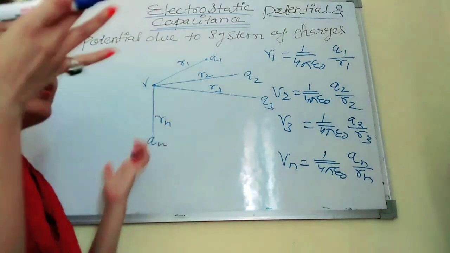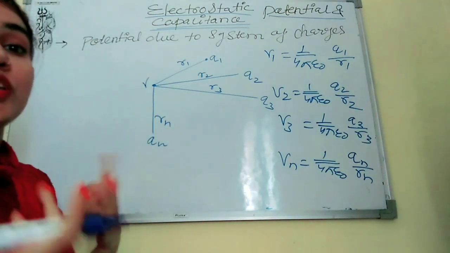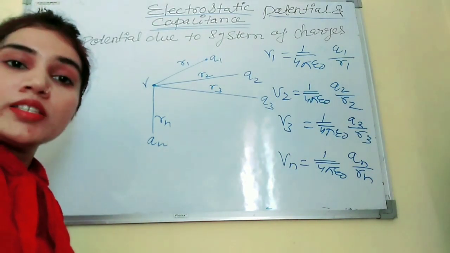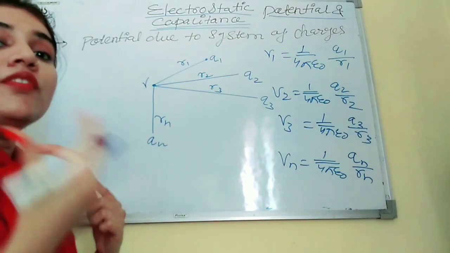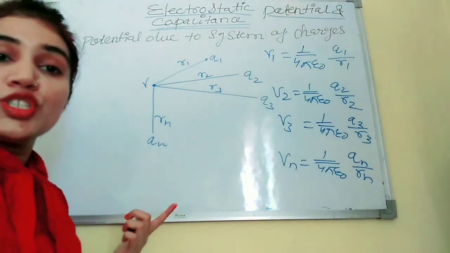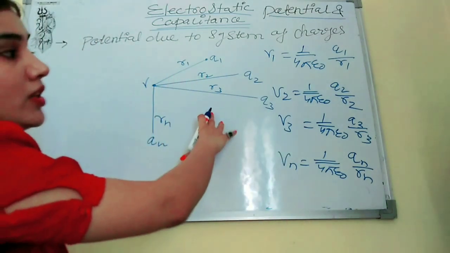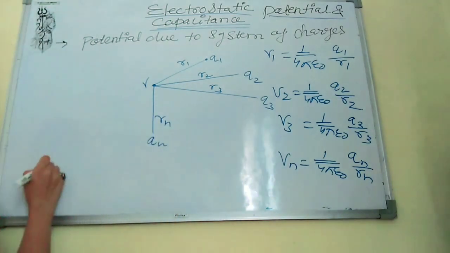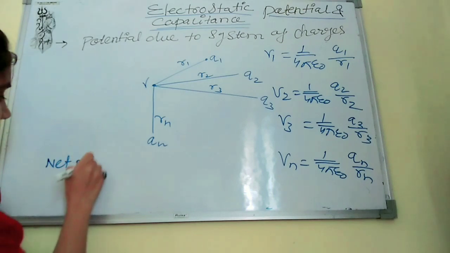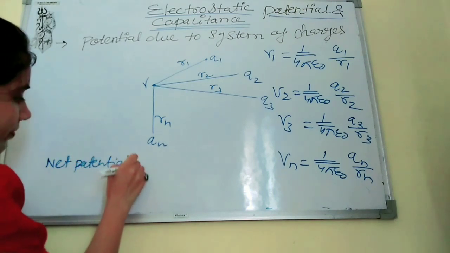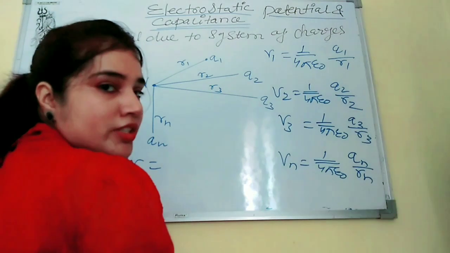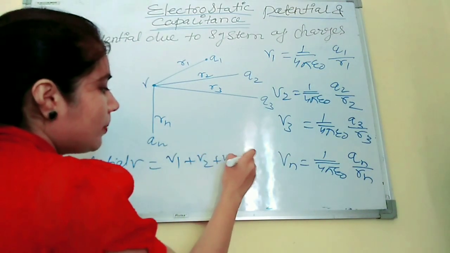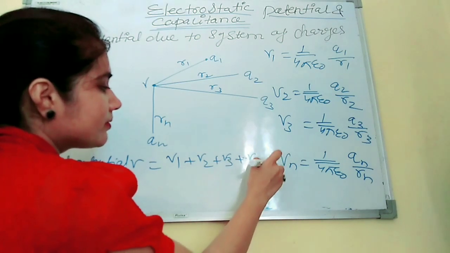Previously we have already derived the electric force due to a system of charges. What we did there was simply apply the superposition theorem. Here we will apply the same superposition theorem. So the net potential will be the summation of all potentials, that is V1 plus V2 plus V3 up to Vn.